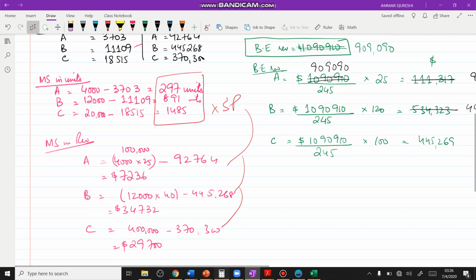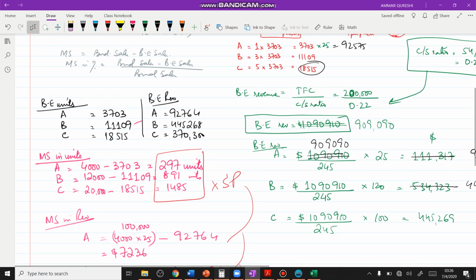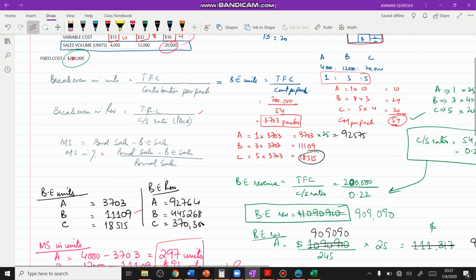As I told you, if I want to earn a profit of 5 lakh from this situation, then we have to identify how many units of each product the company should sell. All you need to do is add a targeted profit to the formula, and you will get the sales volume to earn the targeted profit.